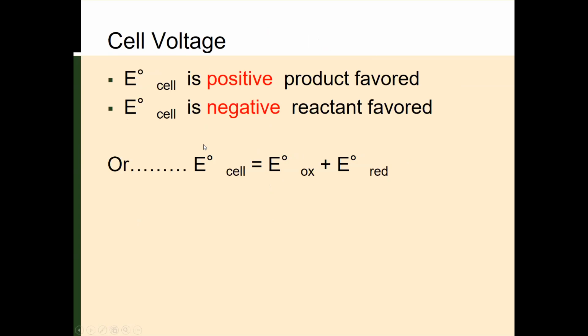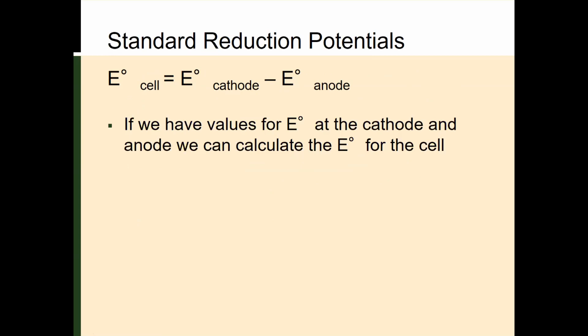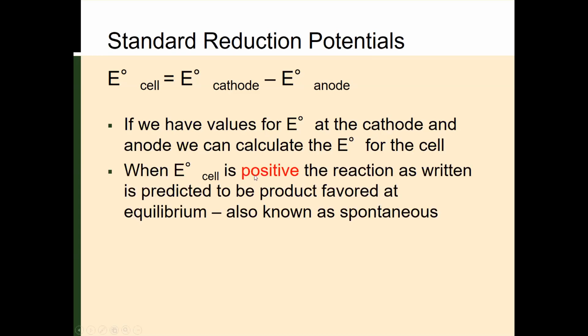And we'll talk about the relationship between the cell potential and delta G a little bit later on. Okay. The standard reduction potential, your book tells you to do the reduction of the cathode minus the reduction of the anode. I prefer to just change it to a reduction potential, oxidation potential, and just add them together. If we have values for the standard reduction at the cathode, we can calculate that.